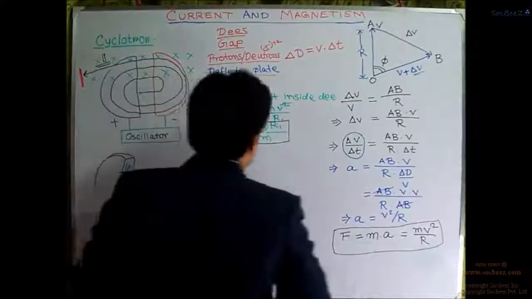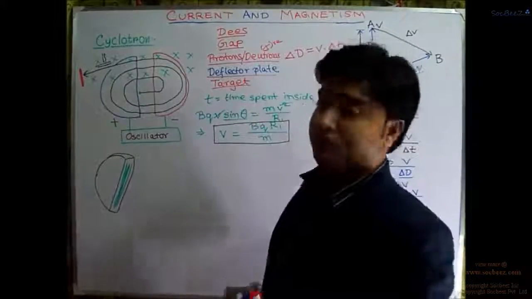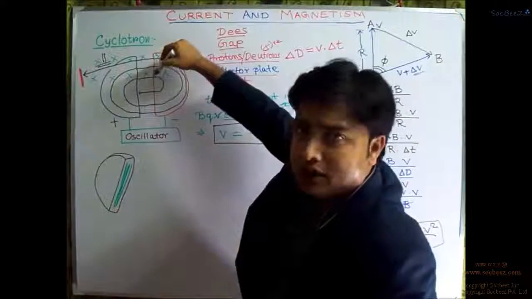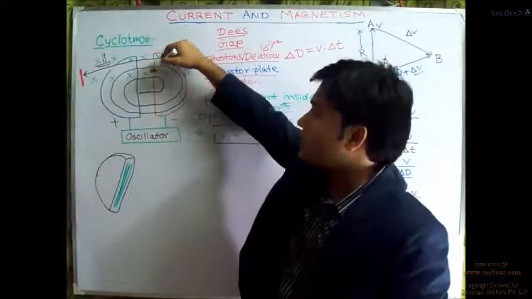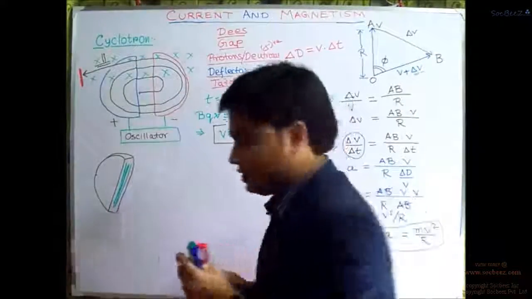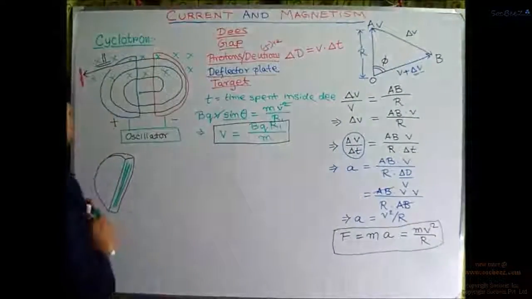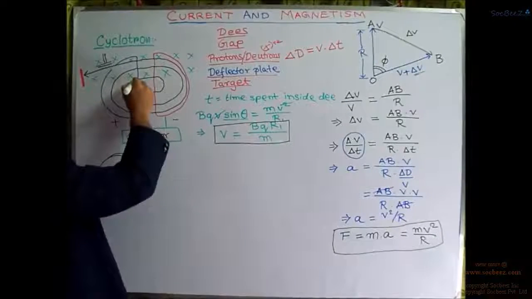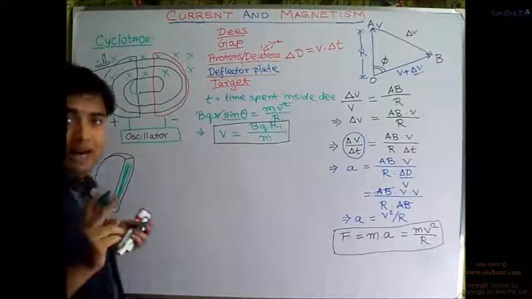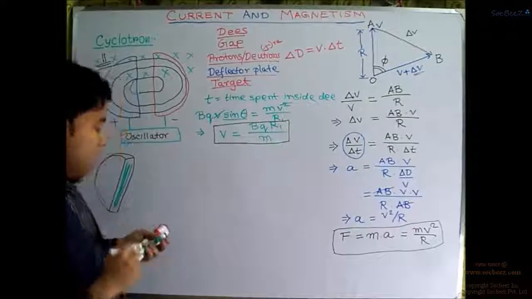Now say for example, this was one semicircle, and if you ask to make this semicircle of the same radius, it would have been like this, of the same radius, right?